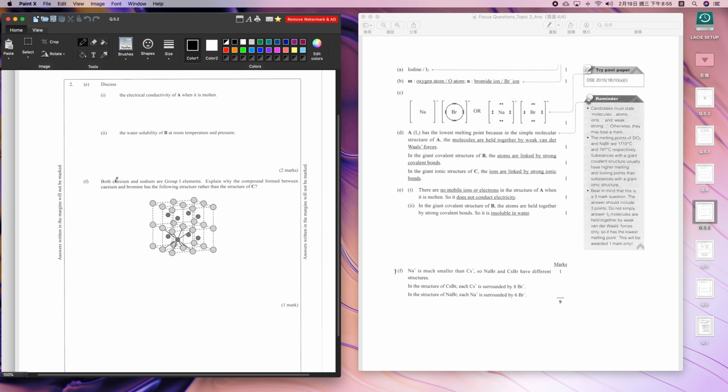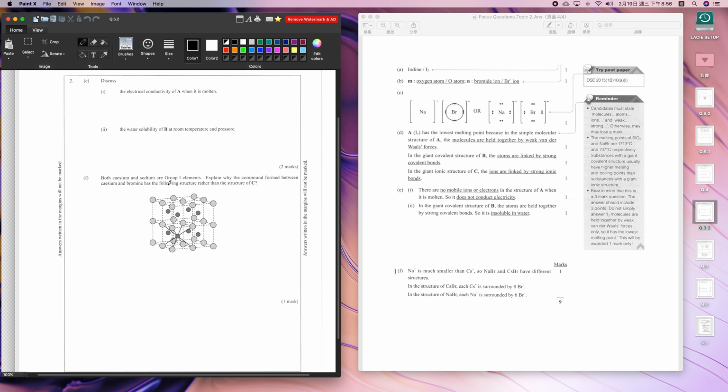Finally, part F. You can find similar structures in chapter 9, but you cannot find the explanation why sodium bromide and cesium bromide have different packing of ions. The answer is very simple.